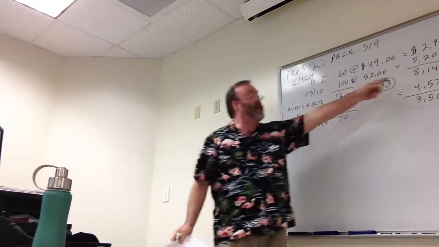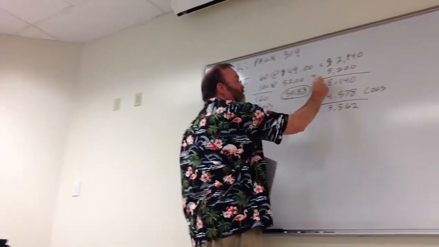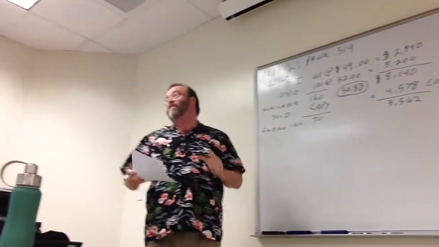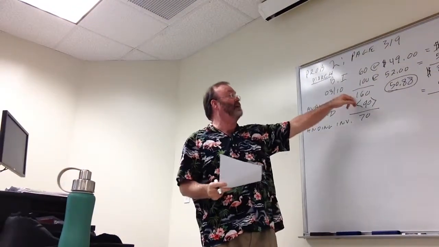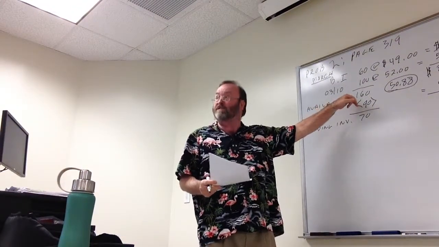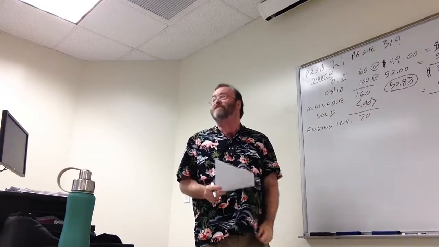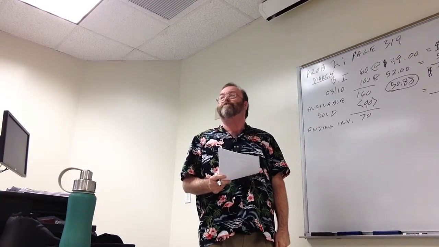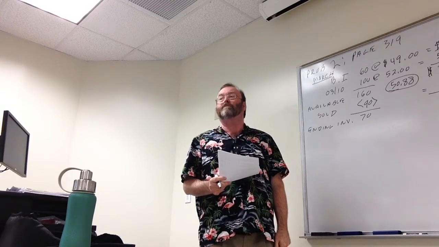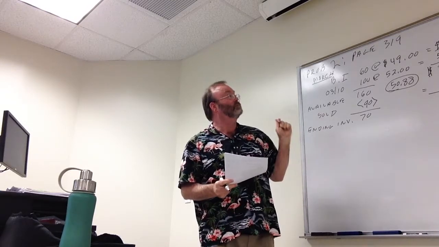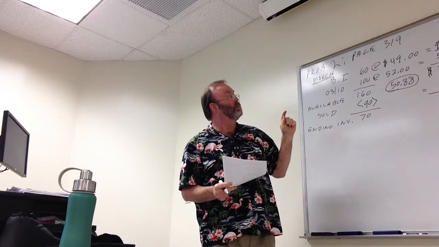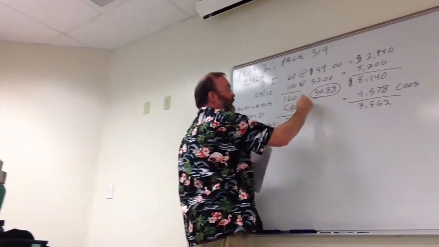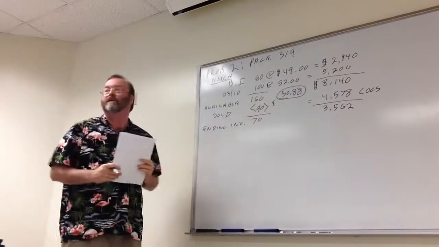Yes, that's taking the $8,140 cost of goods available for sale and dividing it by the 160 units available for sale. That's where we got that from. Where'd you get the 4,578? 90 times $50.88 equals that.